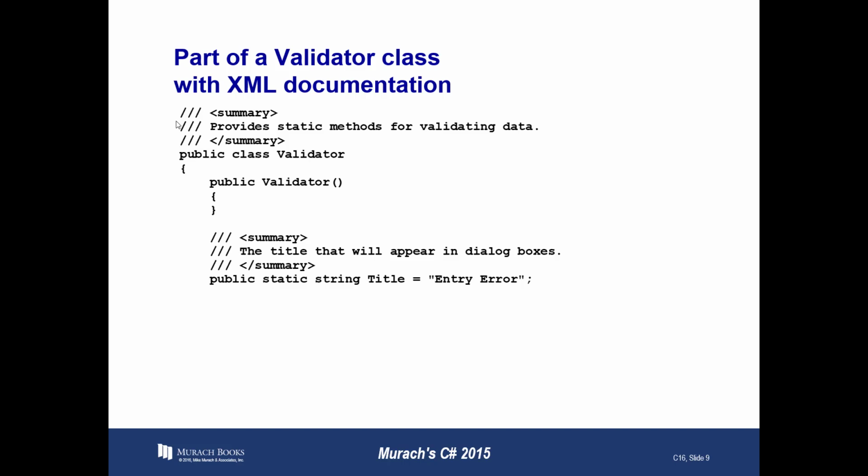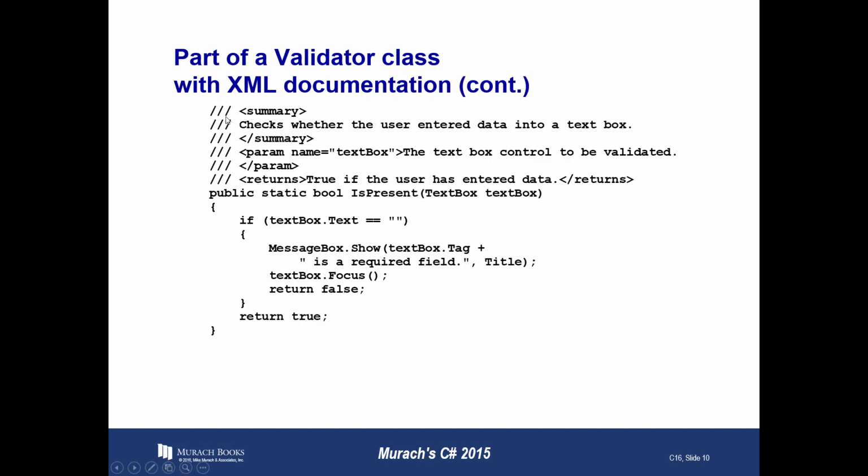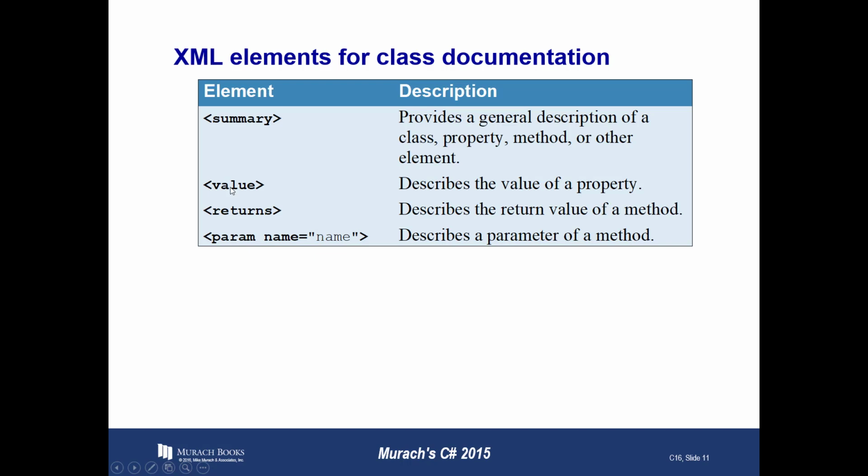In XML documentation, each line begins with a start tag, things like summary, or value, or returns, or param name. All right. The summary, as it says, provides a general description, kind of a prologue or whatever you'd want to say. Value describes the value of a property. Returns describes the return value. And param describes the parameters. These are much like Javadoc comments if you've ever worked with Java.